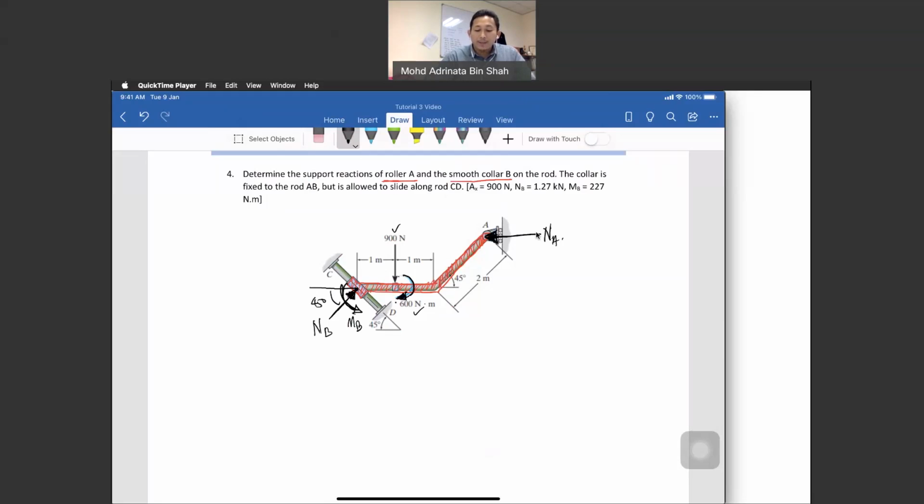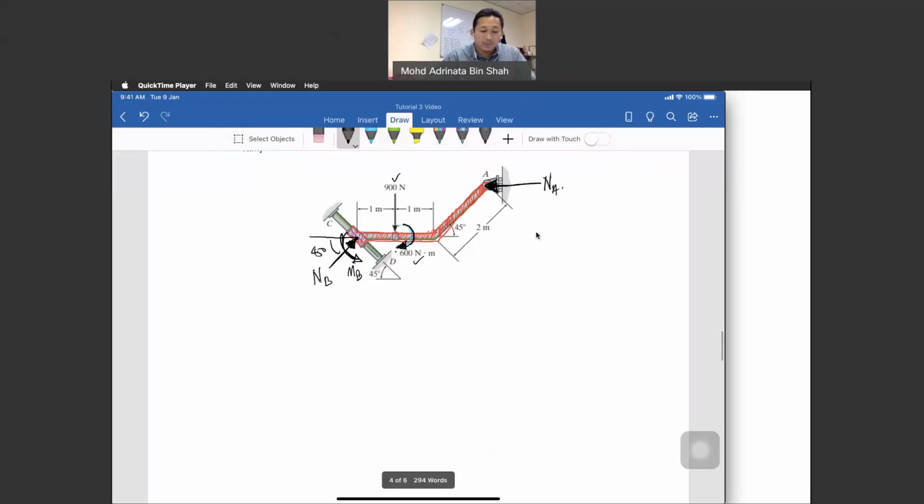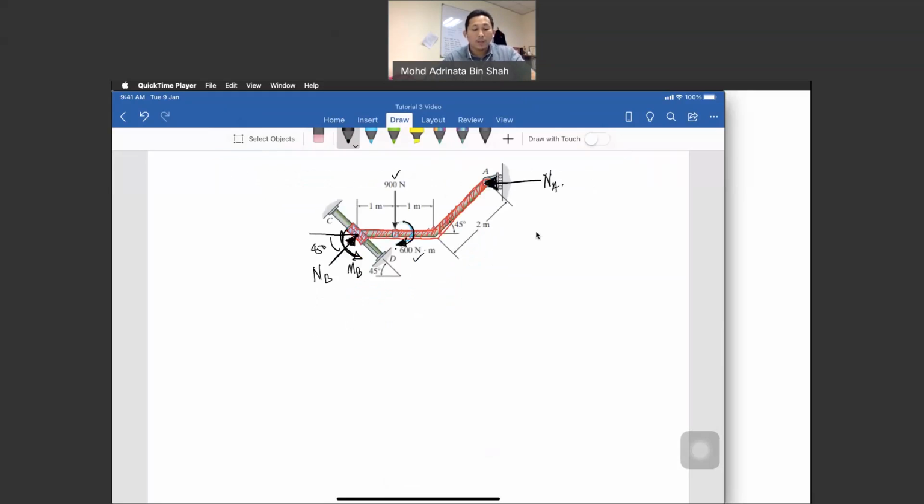So again, we have to solve our Fx equals 0. So to the right, positive.